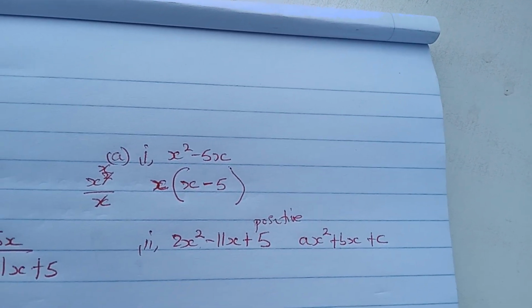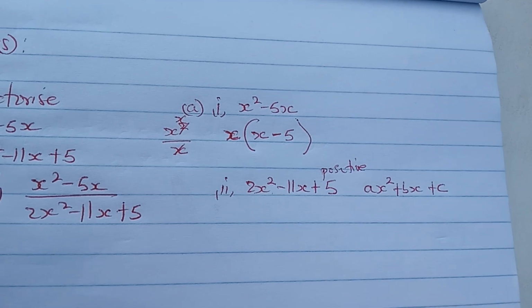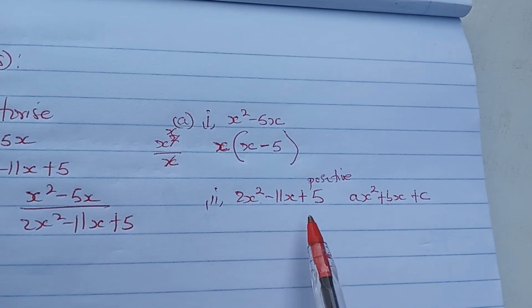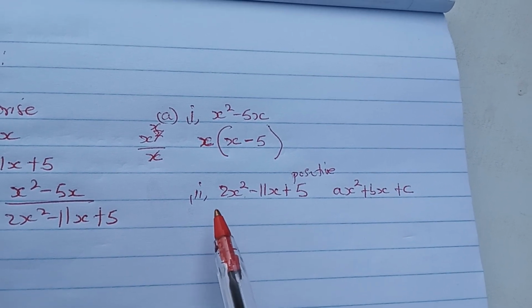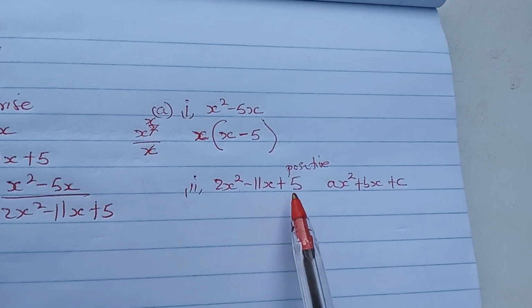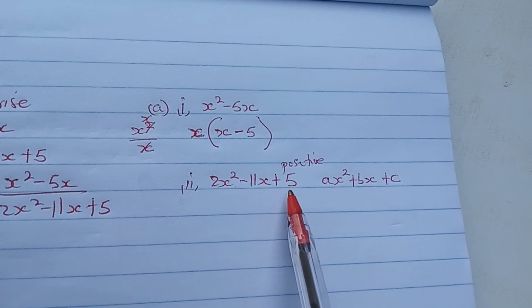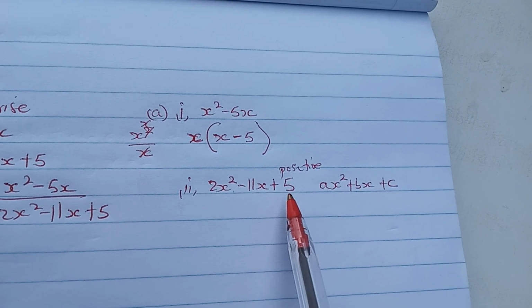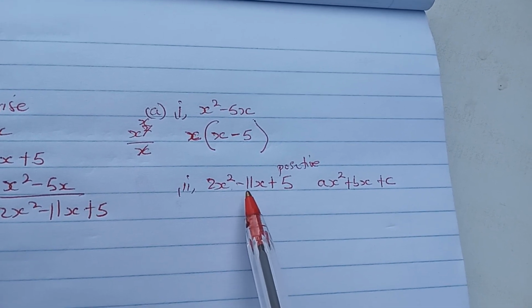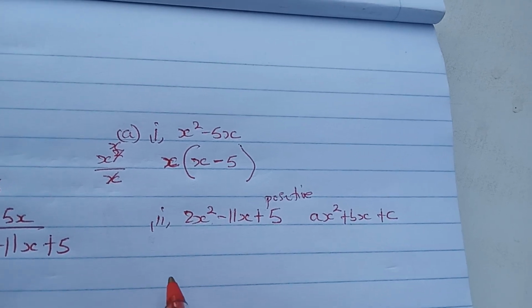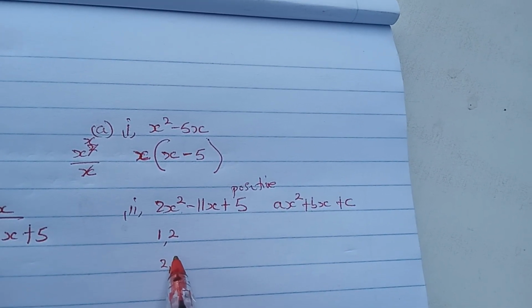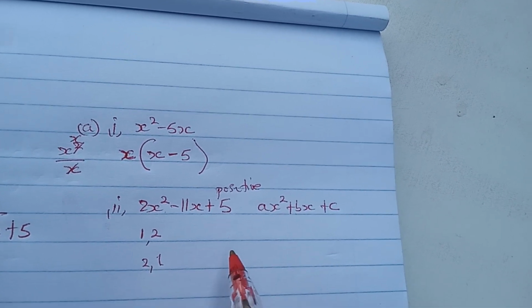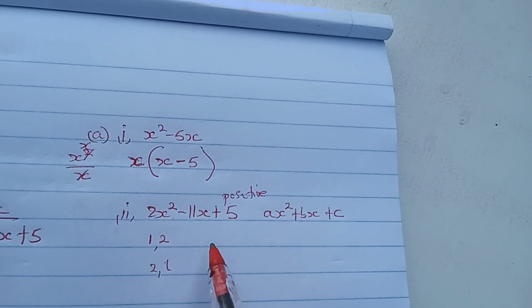As we continue to factorize this one, we have to find the factors of 2 and 5 which can add up to 11. The factors of 2 are 1 and 2. We write them in a pair.